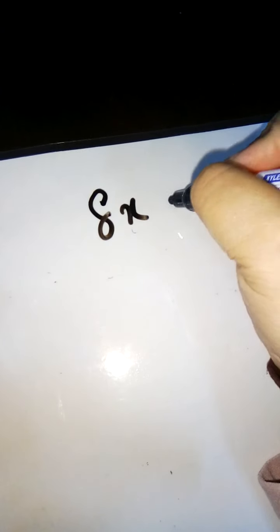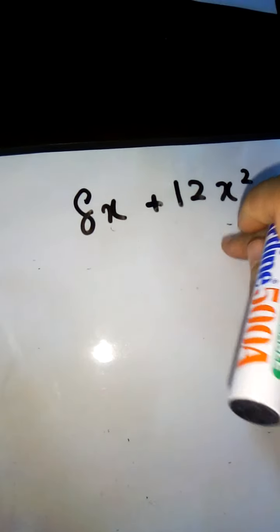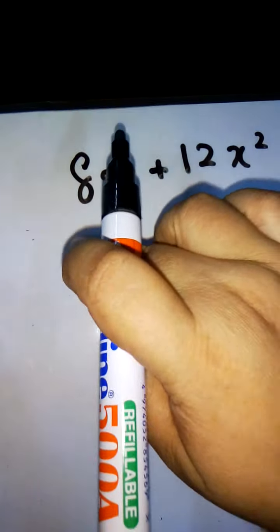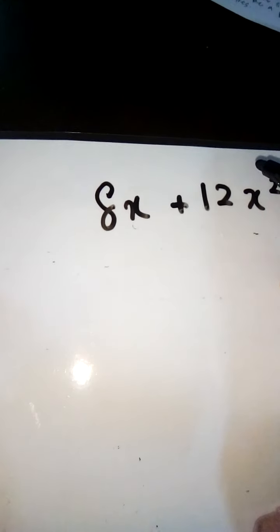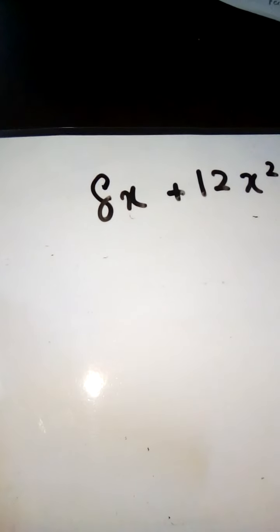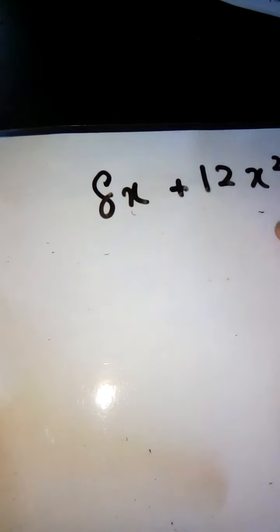You are given 8x plus 12x squared. So only 2 algebraic terms, which are 8x and 12x squared. So you find the highest common factor, which is the same in these 2 terms.